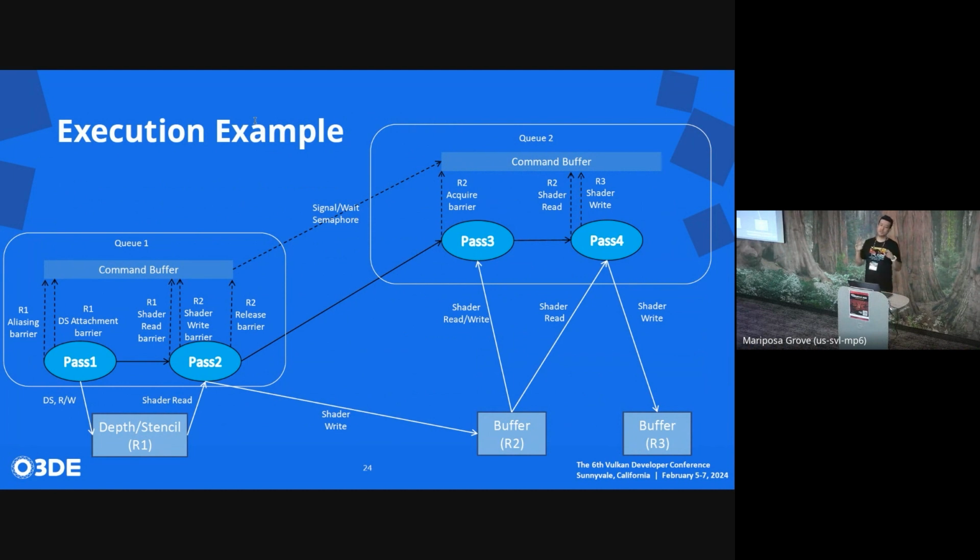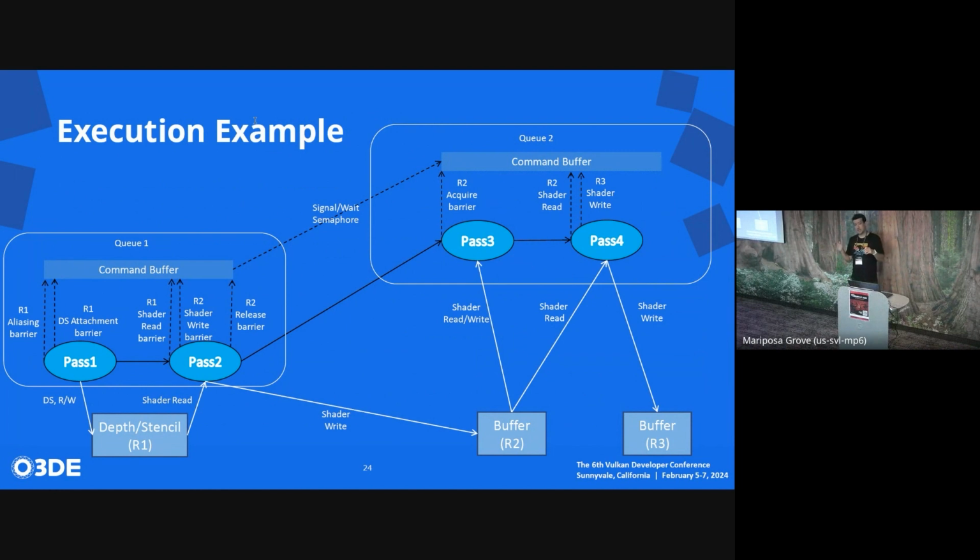Pass 1 is going to be using resource 1 as a depth stencil. We're assuming that resource is aliased, so the first thing it's going to do is record an alias barrier. Next comes the resource usage barrier, meaning that it's going to transition that resource into the proper layout, the depth stencil layout.